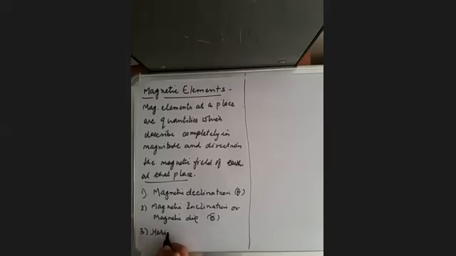Third is the horizontal component of Earth's magnetic field, represented by capital H. Okay, so those are the three types of magnetic elements. Now we'll discuss these one by one.